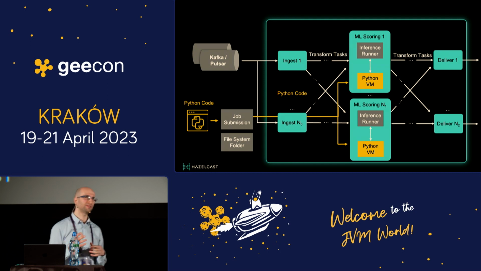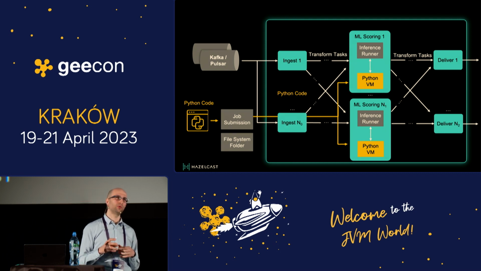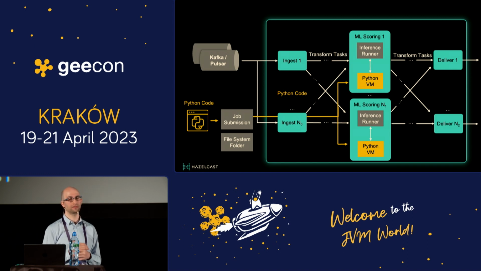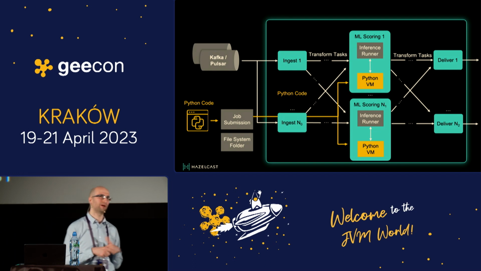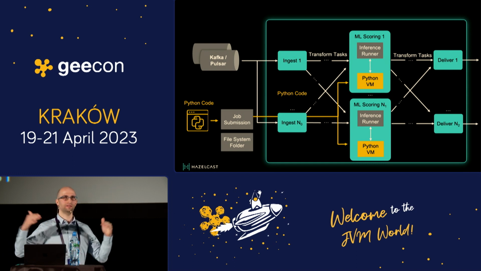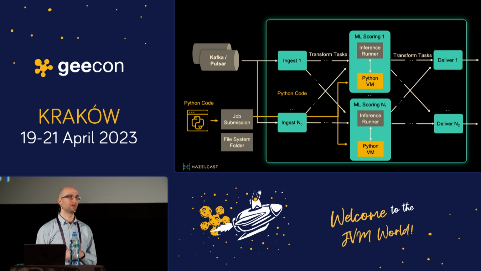Now, sometimes for a microservice application, you want to combine scores or combine the output from different microservices. So if you look at this screen here, you see that delivery 1 and 2 are not connected. This is fine if you have multiple outputs, but in some cases you want to combine these multiple outputs.